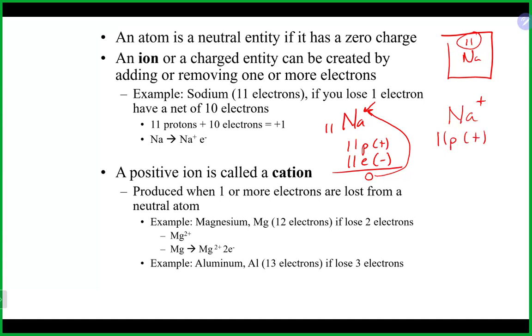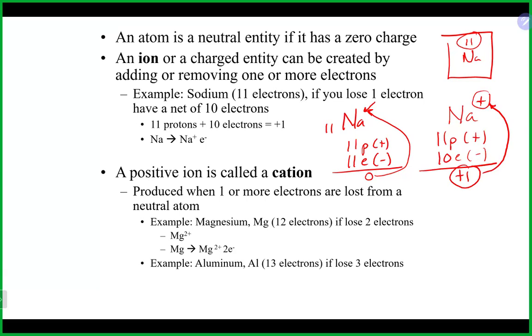Neutrons again have no effect because they have no charge. So that just leaves electrons as what affects the charge of something. In this particular case, it would actually be 10 electrons. If you have 11 positive things and 10 negative things, that leaves you a +1 left over. And once again, that is where the charge comes from.